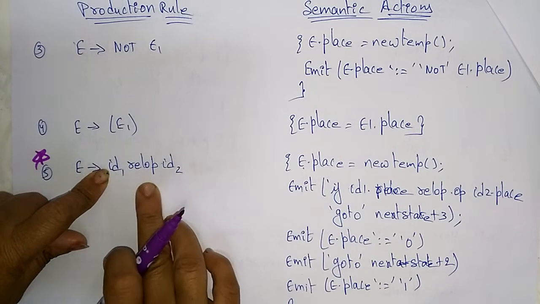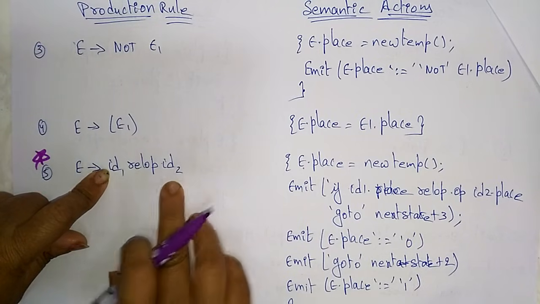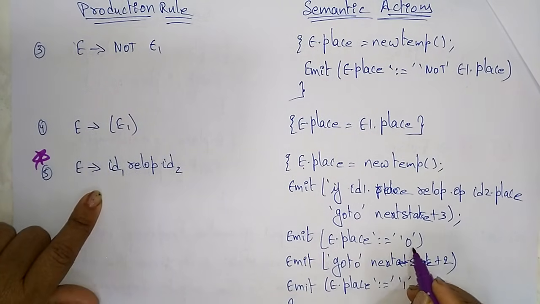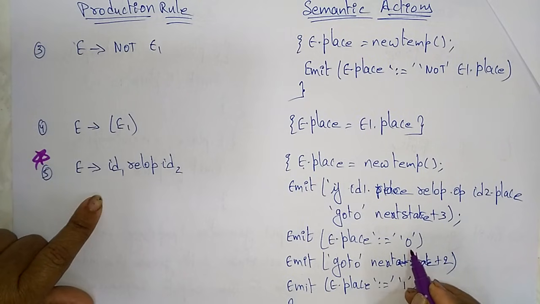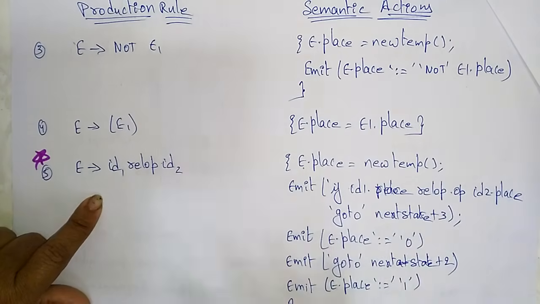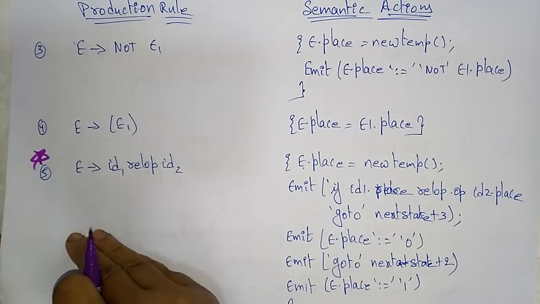So if the relation holds, skip the program ahead by 3 steps. Otherwise E dot place is equal to 0, and then go to the next 2 steps and emit E dot place is equal to 1. I'll explain these steps by taking an example, so don't be confused.